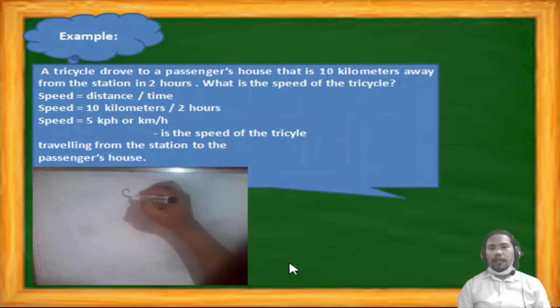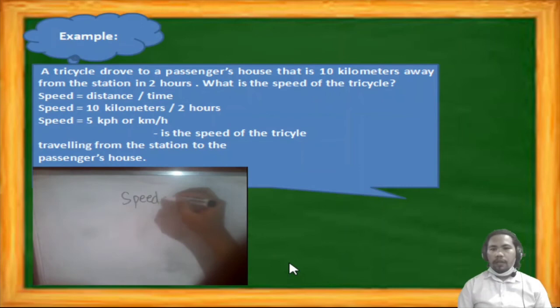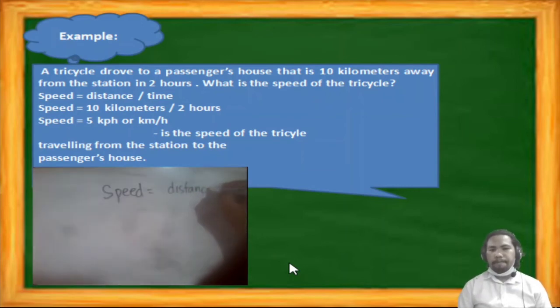Example: a tricycle drove to a passenger's house that is 10 kilometers away from the station in 2 hours. What is the speed of the tricycle? So speed is equal to distance over time. So let us substitute.